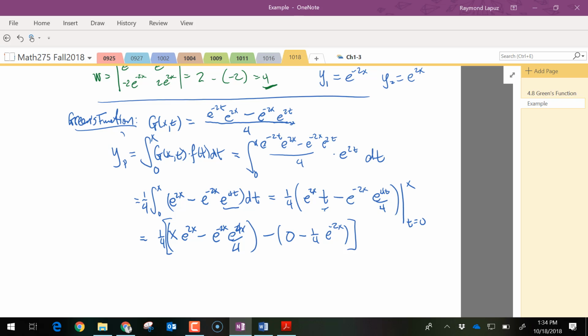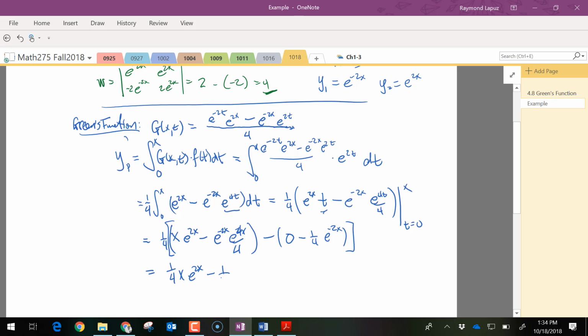All right, so we probably can simplify just a few more things. Let's see, we're going to go ahead and do this 1/4 x e to the 2x. And here, a 1/4 and 1/4, that's 1/16. And then e to the negative 2x, e to the positive 4x should give me e to the 2x positive.